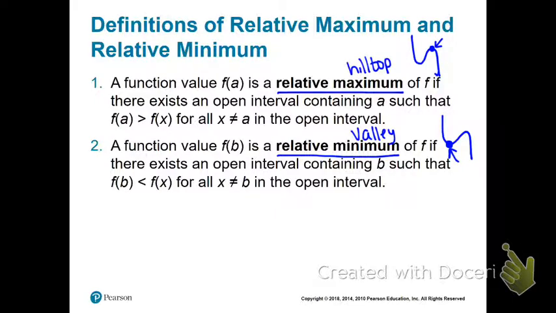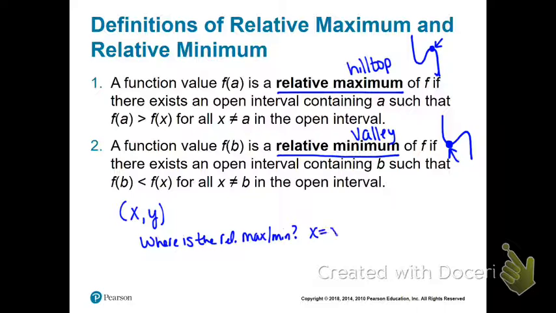Now, just like the other stuff, most of the time in the past when you've been talking about where's a maximum, where's a minimum, you always just gave it as an ordered pair. Well, now as we get into upper level math, sometimes they ask us where is this happening, or just what is that value? Okay, so if it says where is the relative maximum or minimum, it doesn't matter which, it's asking you for the x value.